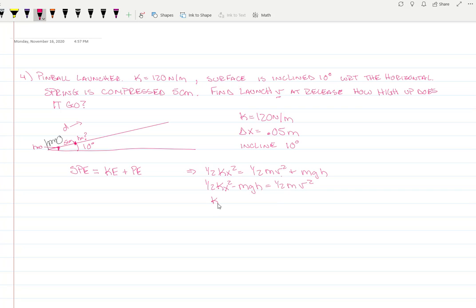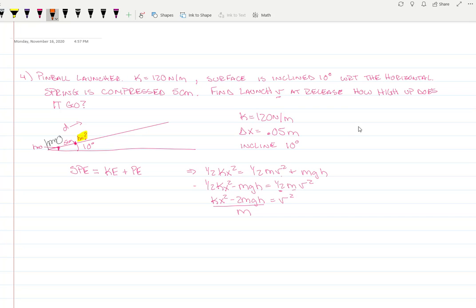So I'll get kx squared minus 2mgh. That just comes from this fraction. I've inverted it and multiplied it over here. So kx squared minus 2mgh, divided by the mass, equals v squared. Seems pretty straightforward. The only thing we don't have is what this height actually is.